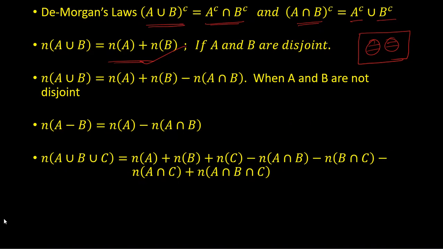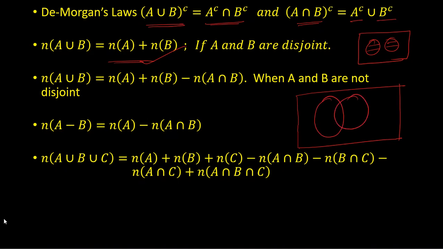What if they are not disjoint? Let's say this is A and this is B, and they are not disjoint, which means an intersection exists. If we count n of A, meaning all the cardinality of A, this part is counted once.